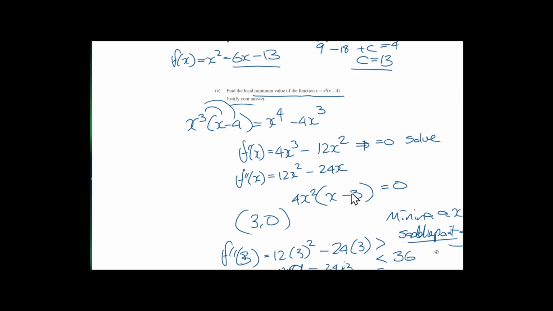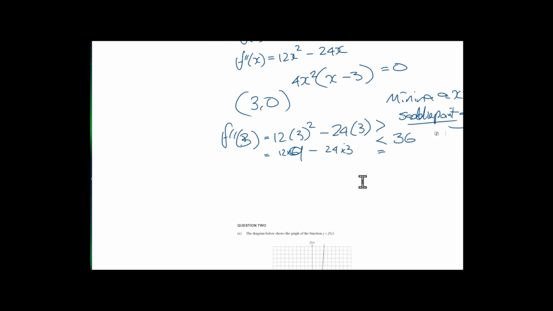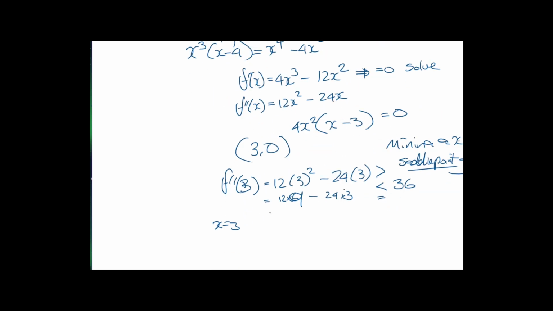So there. That's what they asked for. Local minima. So the saddle point is not a local minima. So the local minima is x equals 3. And then we would put, I know what this thing is.